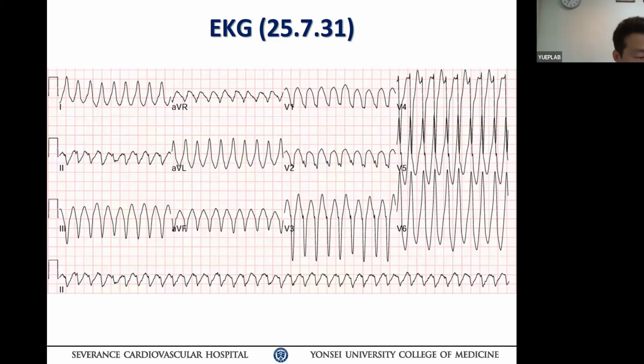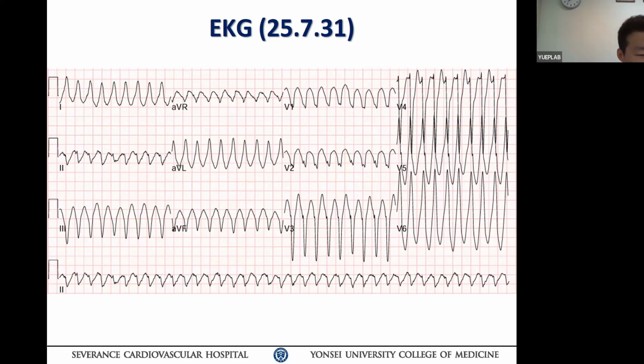Because of the transition zone being around V4, V5, I think that represents the origin of the tachycardia. So it would be somewhere along the LV anterolateral wall. Even though in V1 the QRS is negative, which typically would suggest an origin from the right side, given the transition zone V4, V5, it may actually be from the left ventricle.